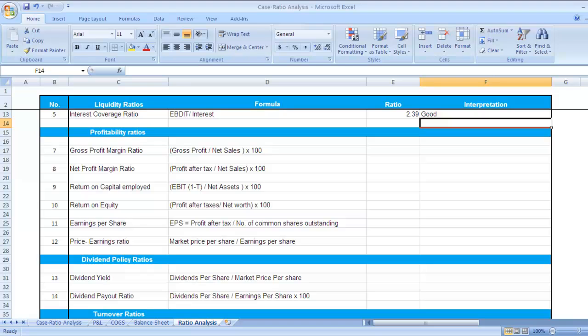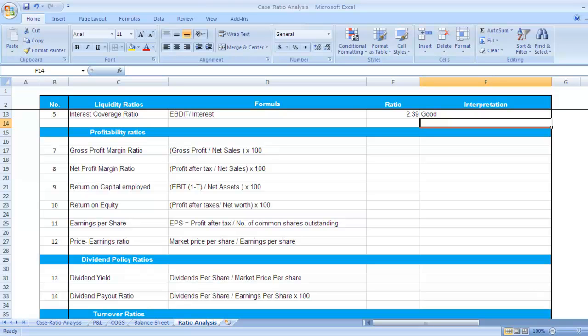First, we'll look at gross profit margin ratio. Gross profit divided by net sales is basically the gross profit margin, and if you want it in percentage terms, then you need to multiply it by 100. So this is gross profit margin.